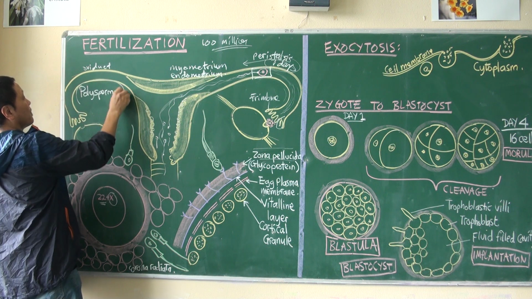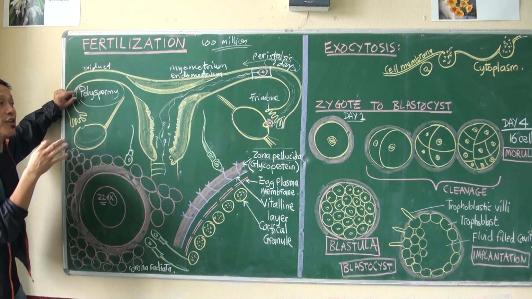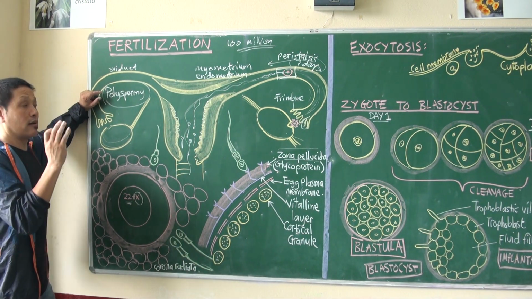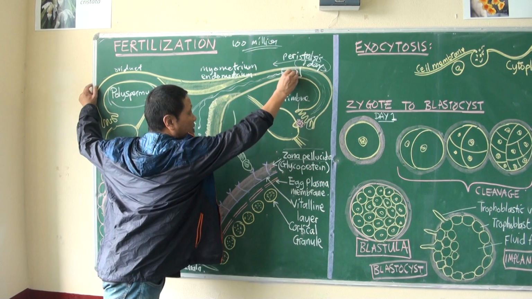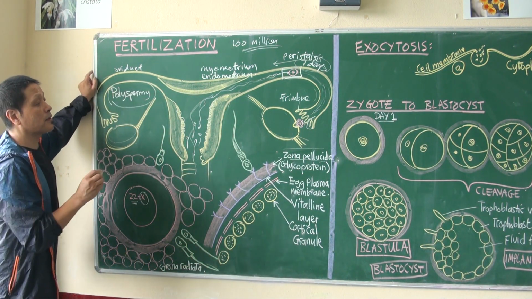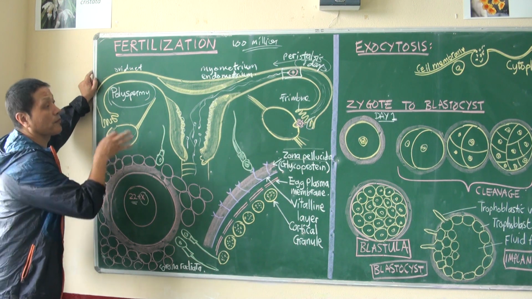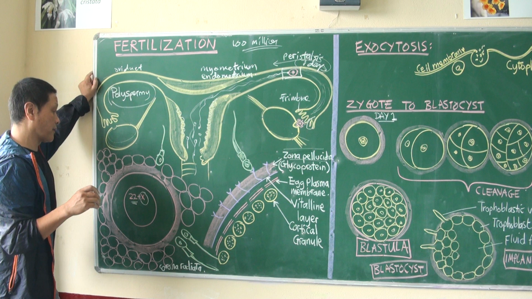Polyspermy means the entry of more than one set of nuclei into the egg cell. Okay? And it also prevents the sperms of another species from injecting their genetic material into the egg cell.